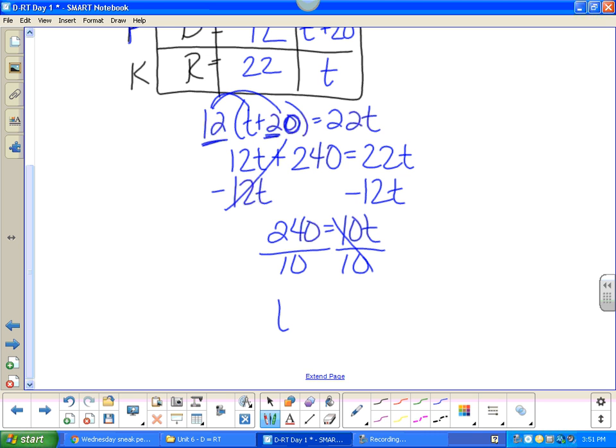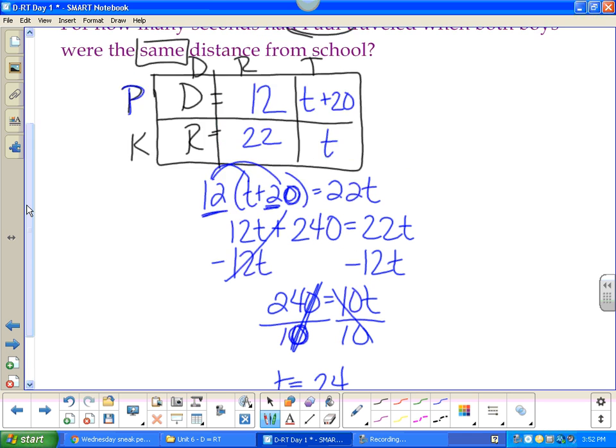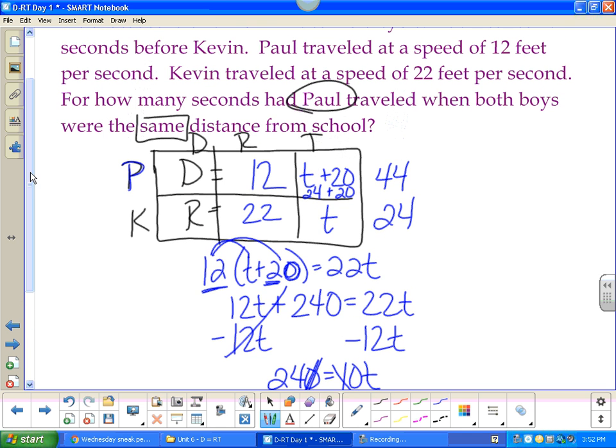Divide by 10. To divide by 10, just let the zeros cancel. 24 divided by 1 is 24. So this is 24, and then 24 plus 20 is 44. Who did it want? It wants Paul, so it wants the 44.